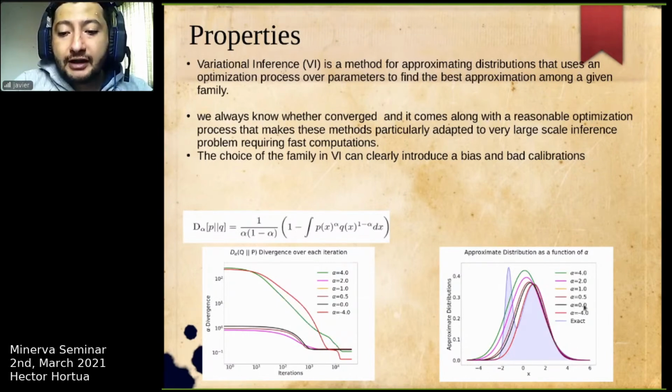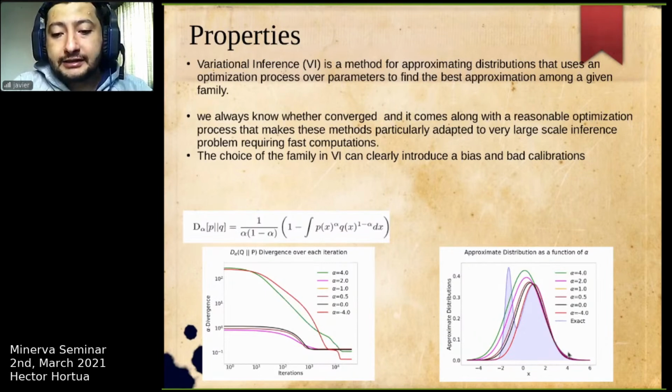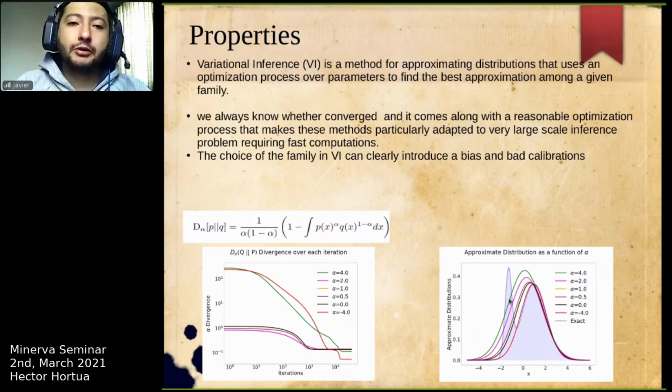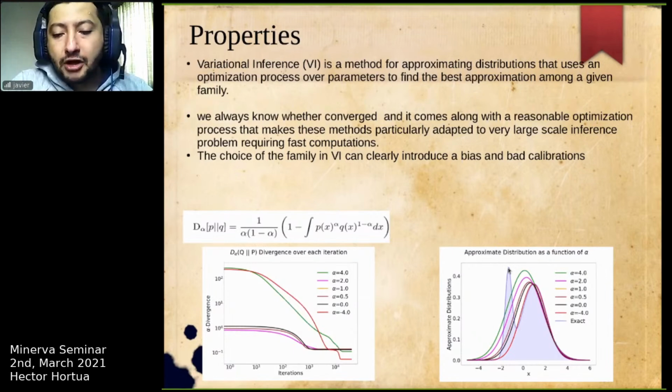For alpha equal to 0, which corresponds to the KL, or for negative values of alpha, you observe that the Gaussian tries to fit to the lower mass of the distribution function, and this is because this kind of divergence is exclusive. So in principle, it tries to put the distribution in places where there is not much mass in the real target distribution.